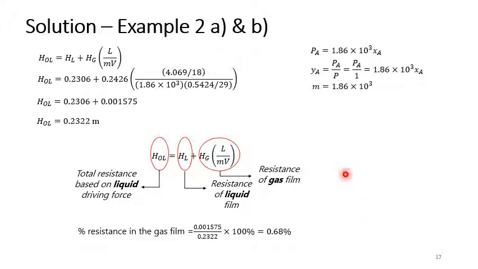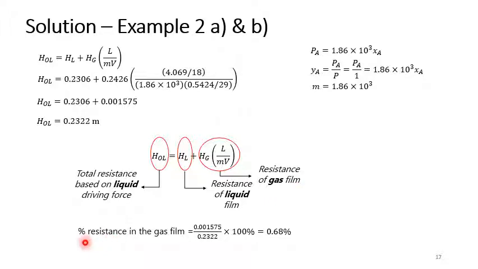And this is another relationship to represent the total resistance based on the liquid driving force: HOL equals HL plus Hg times L over mV. HL here represents the resistance of the liquid film, and the right side term, Hg times L over mV, is the resistance of the gas film.